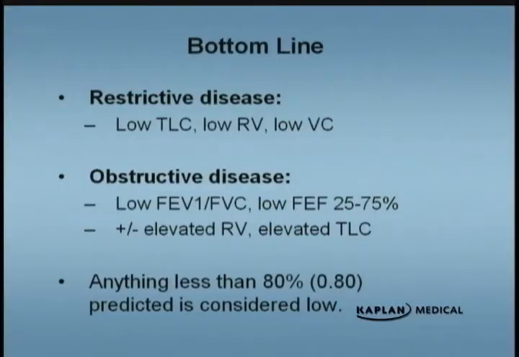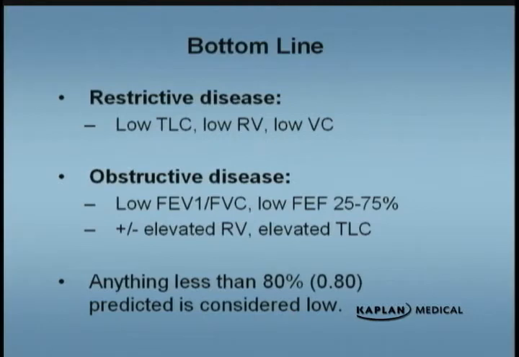So bottom line, restrictive disease will have a low total lung capacity, low residual volume, and low vital capacity. These are the static volumes. And if you measure FEV1 over FVC, because the volumes are equally decreased, the ratio remains the same, and the FEV1 over FVC is normal.